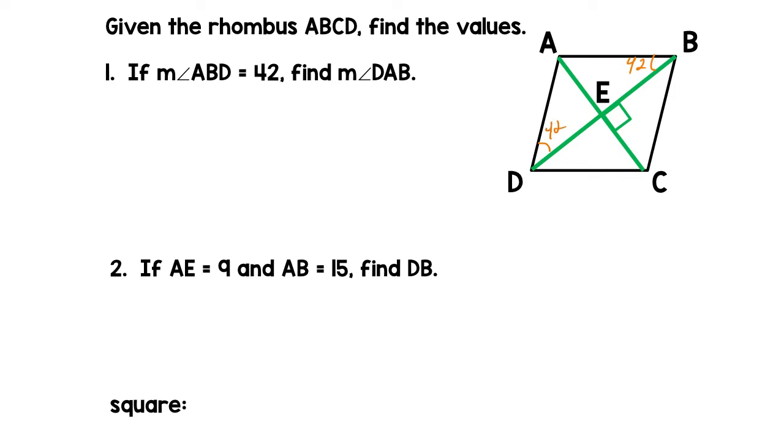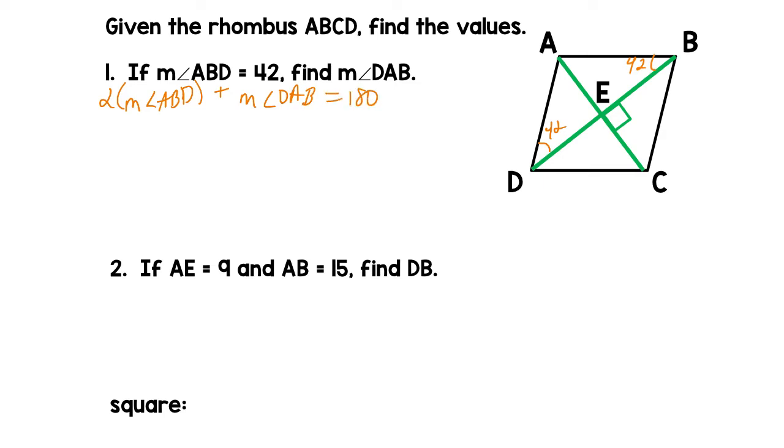So if we know ABD is 42, we also know BDA is 42. We also know that the three angles inside of a triangle add up to 180. So we can say that 2 times the measure of angle ABD plus the measure of angle DAB will give us 180.